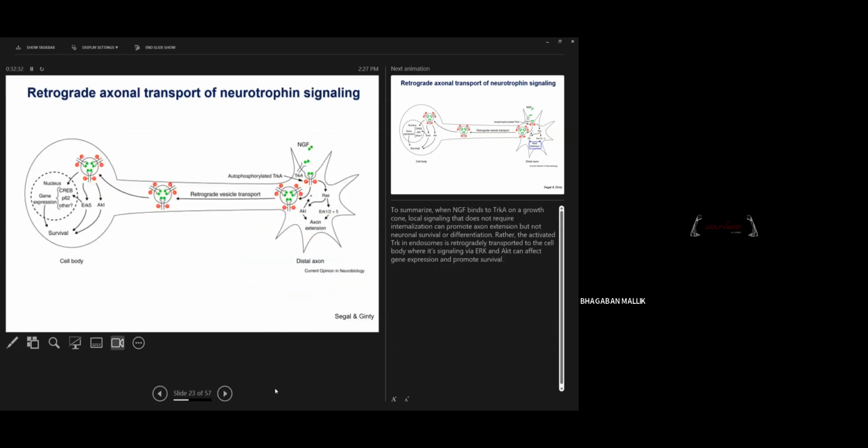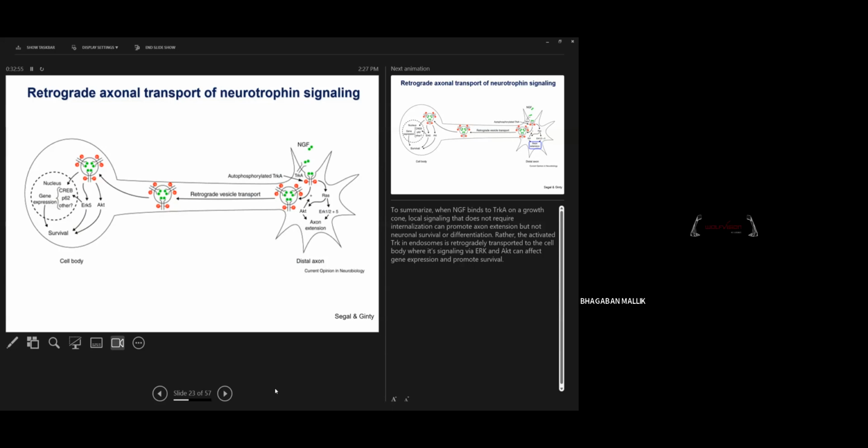So I can show diagrammatically the mechanism of how the neurotrophins regulate the expression and survival of these neurons. They used different techniques, like imaging techniques and different methods, like depolymerizing these microtubules.